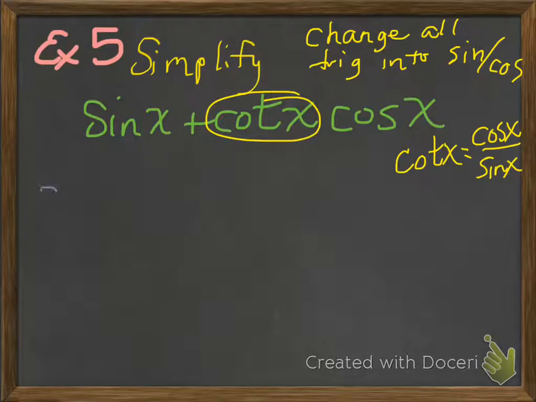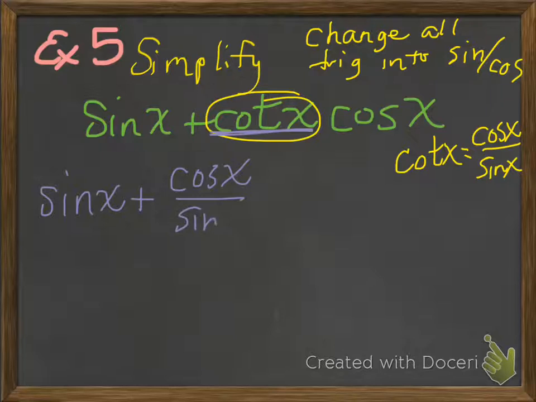So I'm going to go ahead and change this. So I have sine x plus, I'm changing this to cosine x over sine x times the cosine x that's already there, which is over 1.